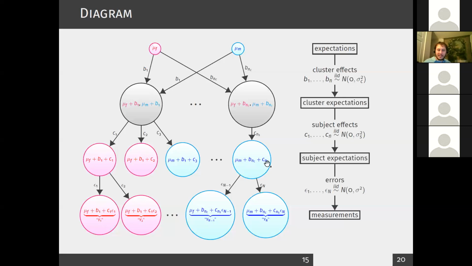The subjects' effects, C1 through C N subject, are IID normal 0 sigma squared subject, unknown variance there. And then there are errors adding on to determine the actual SAT scores that you observe. So this has an extra layer compared to the diagrams we've seen before. And well, let's see how to deal with it.